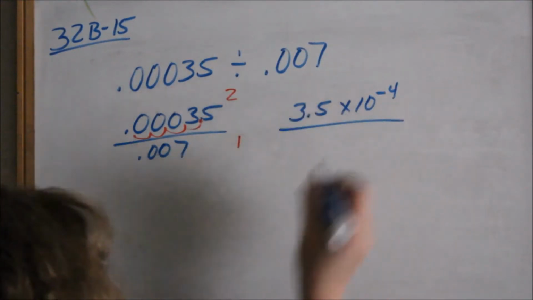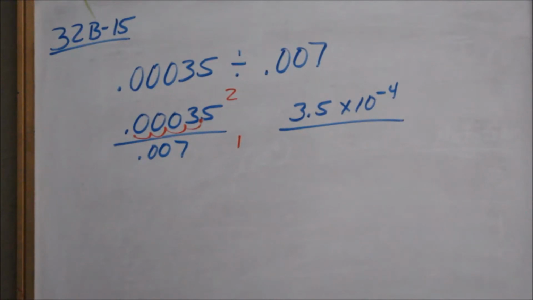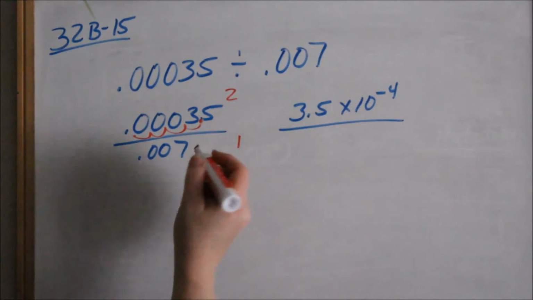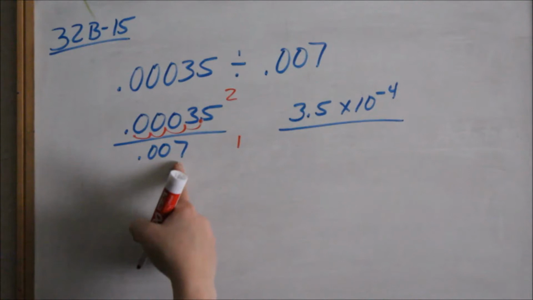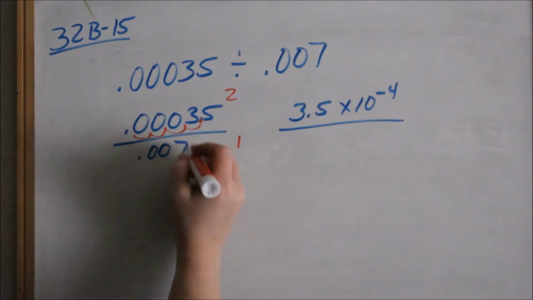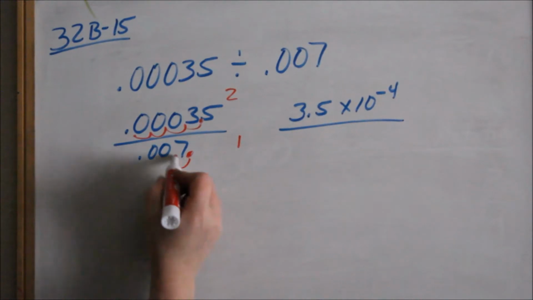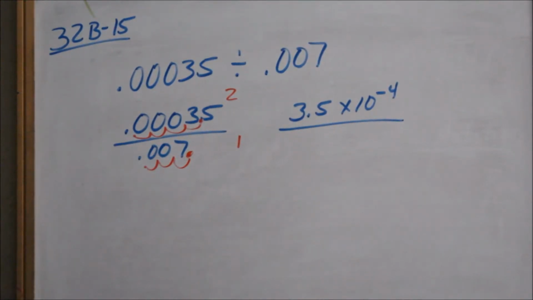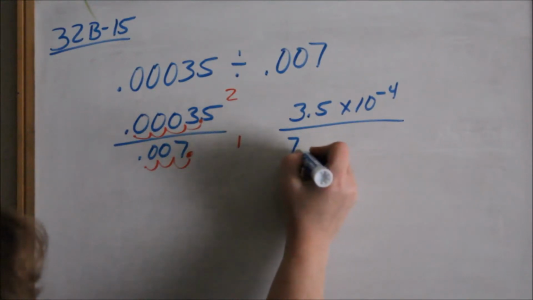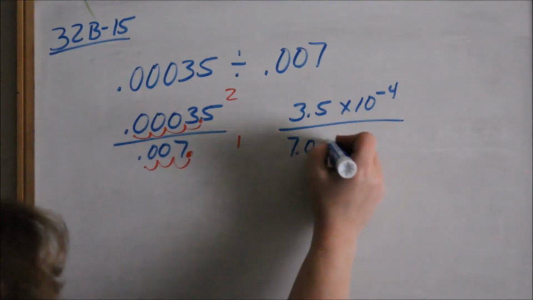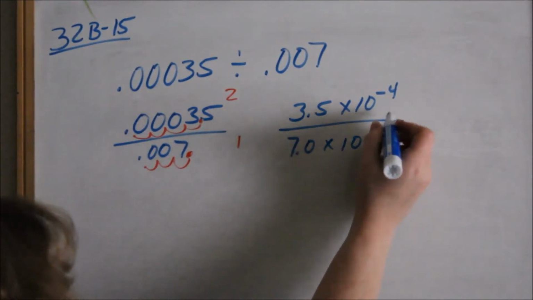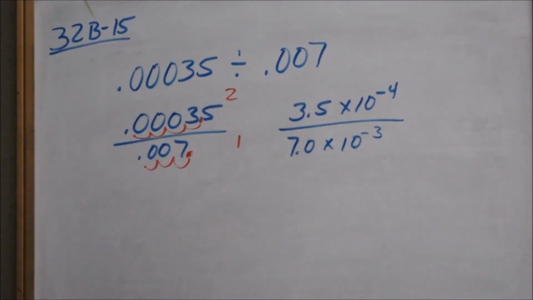Remember, decimals are negative exponents. Then the denominator, so my decimal needs to go after the first significant digit, after the 7. So then we count over 1, 2, 3. Again, we move to the left. So this became 7, or 7.0, times 10 to the negative 3.